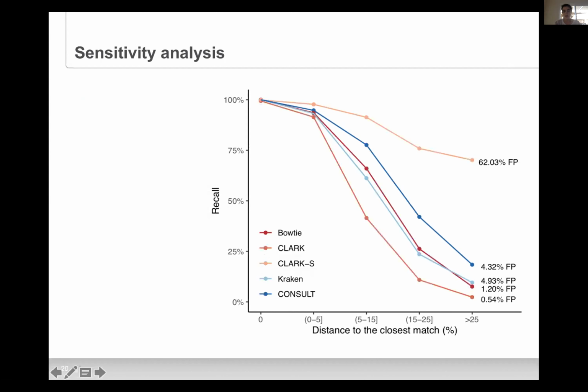We also tested other tools that were mentioned in the literature that could have been used for this purpose. However, nothing really produced results any better than Kraken or Consult in this particular setting, unless, again, you would be willing to go to an unacceptably high level of false positives, which is probably not an option for the majority of applications out there.